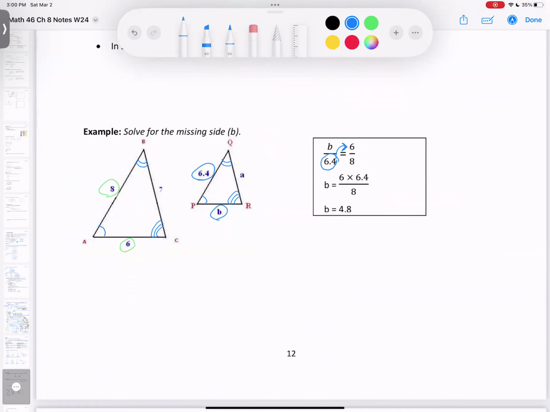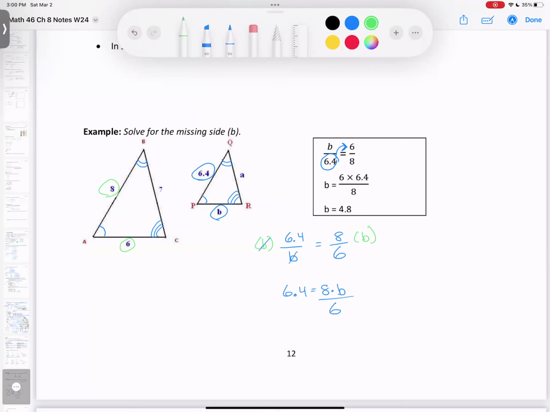I could also do the opposite ratio. So I could say 6.4 over B equals 8 over 6. This time I'm going to multiply both sides by B. The algebra gets a little bit trickier here, so often it's best to keep your unknown in the numerator. But if we do this, we get 6.4 equals 8 times B over 6.